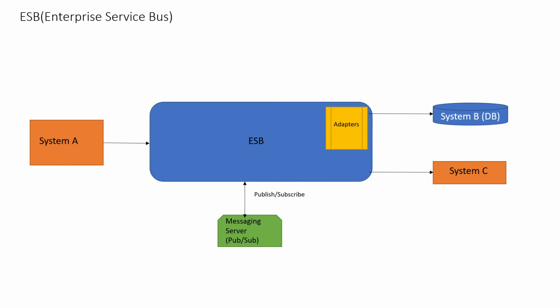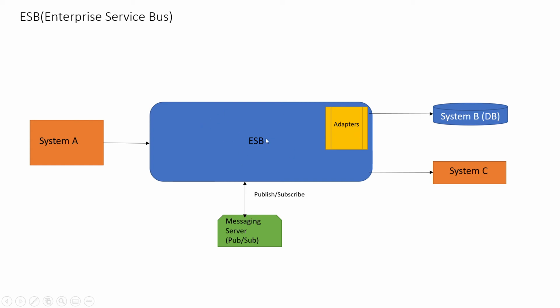So ESB basically is an application which sits between source and target system and helps carry the data from system A, let's say, to system C. ESB also helps moving the data to various other different systems such as DB, ERP. That they can do because they have ready-made, built-in adapters readily available to be used.